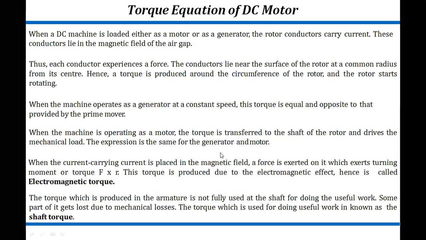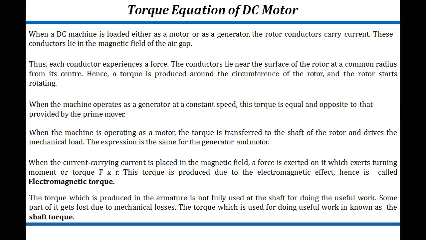So we can call this torque an electromagnetic torque, because when we put a current carrying conductor in the magnetic field, it exerts a force and a turning moment, or torque. We take tau equal to F into R into sine theta. This torque is produced due to the magnetic field effect, so we call it the electromagnetic torque.